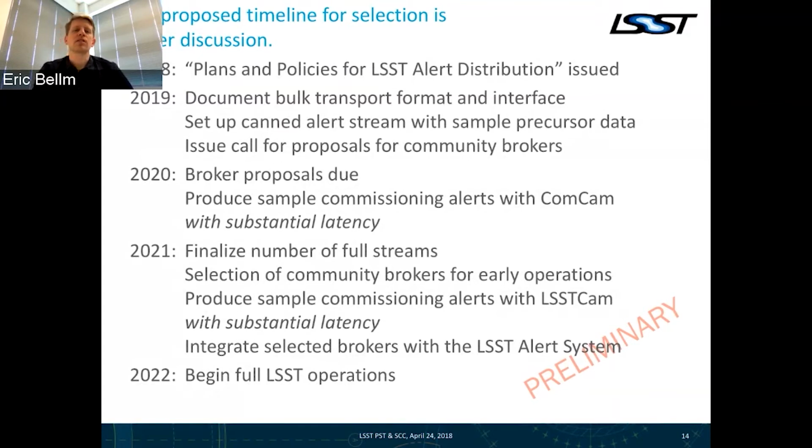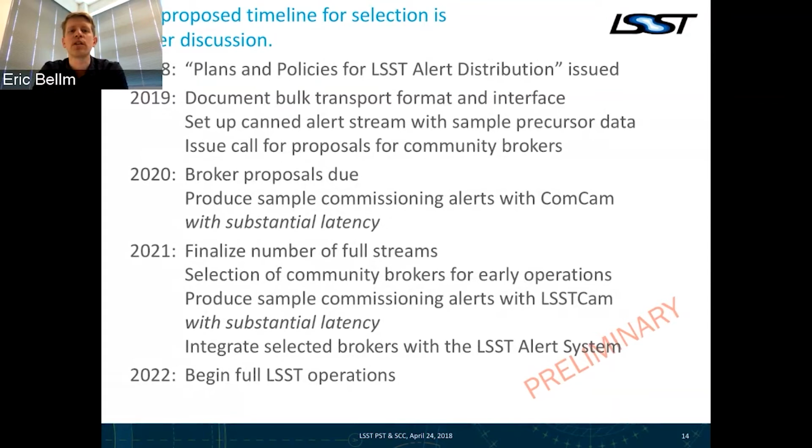The walkthrough here then would have proposals due in 2020, which is about when we're starting work with ComCam. There will be alerts from ComCam, but we're being encouraged to advertise them as coming with substantial latency. I think that means weeks, not days.